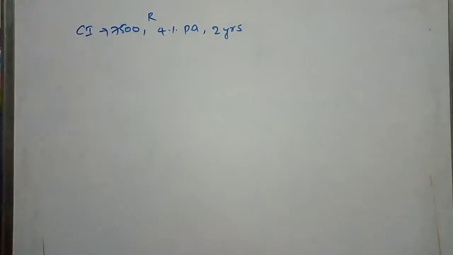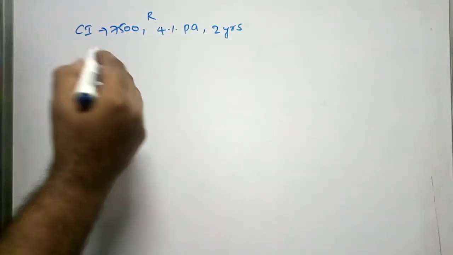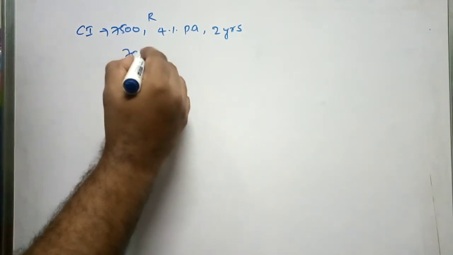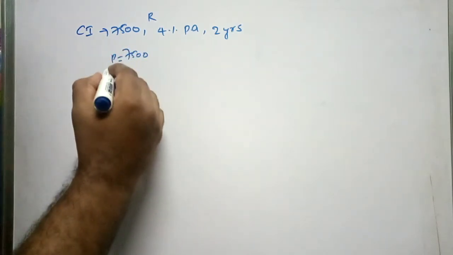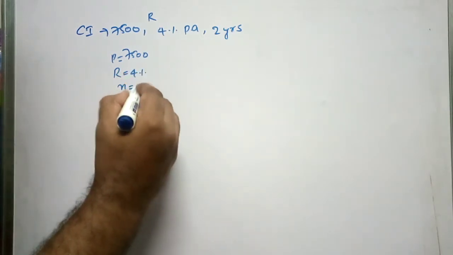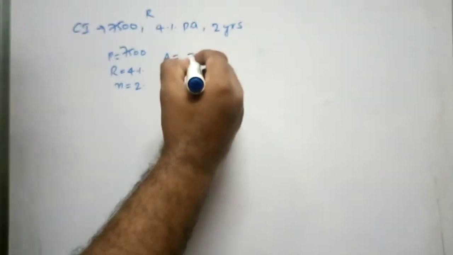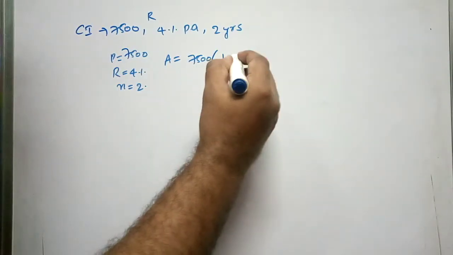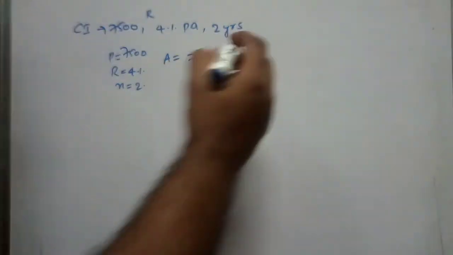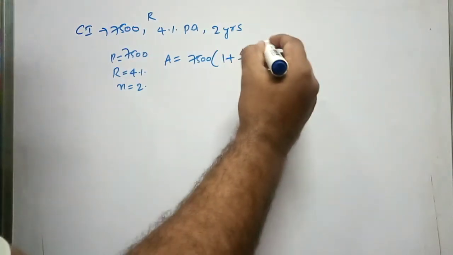What is required is the principal, that is given as 7,500, R is 4%, n is equal to 2.